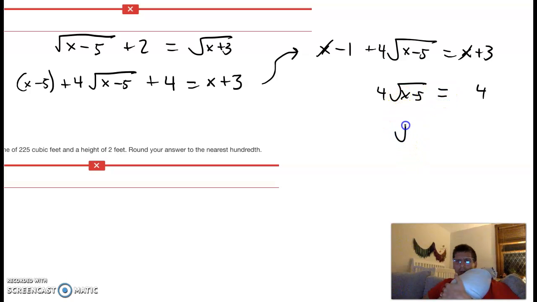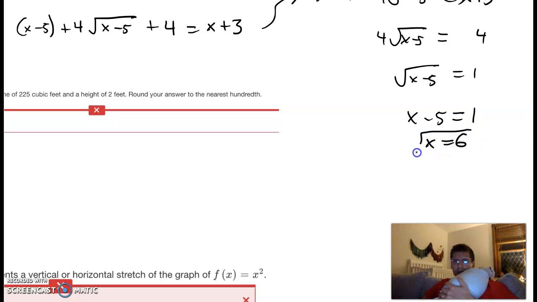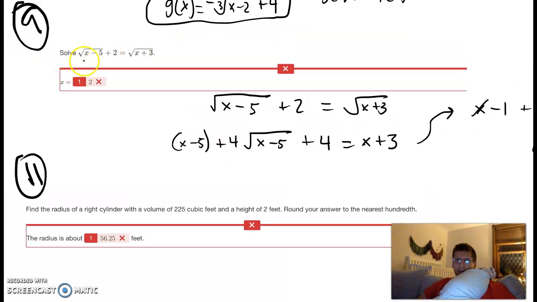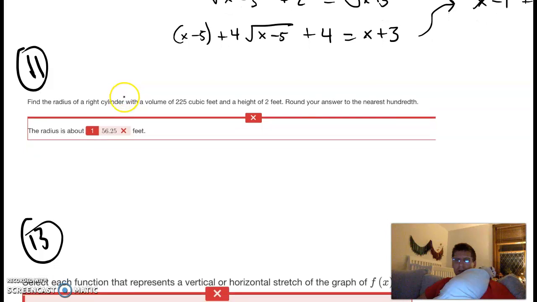Divide both sides by 4, I just get root x minus 5 equals 1. Square both sides, x minus 5 still equals 1. So x would equal 6. I guess I should check my answer. So go back here. 6 minus 5 is 1 plus 2 is 3. Square root of 9 is 3 also. So it'd have to be 6. That looks good.